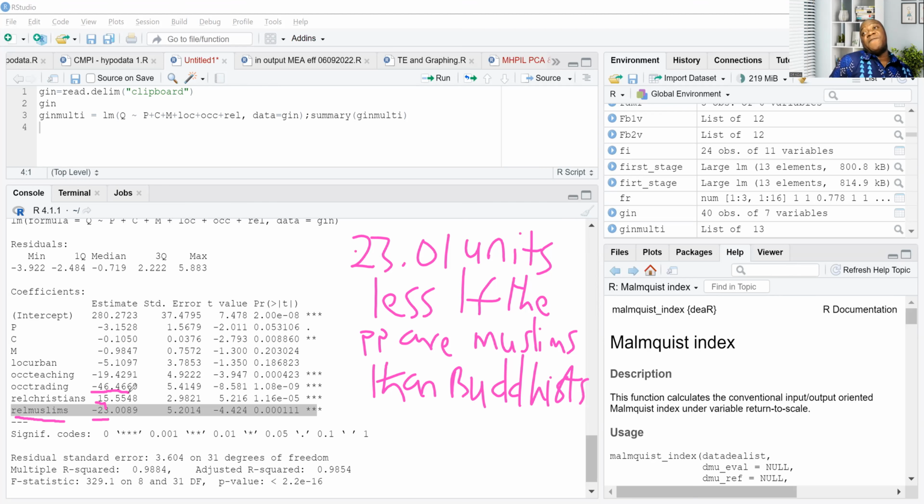If you are speaking for fishers, it will be 46.47 units more. It's just the opposite. But of course, we always want to speak for the one that is here.